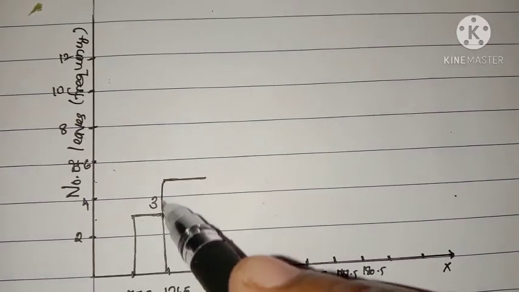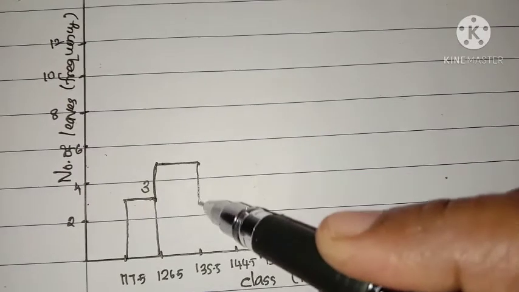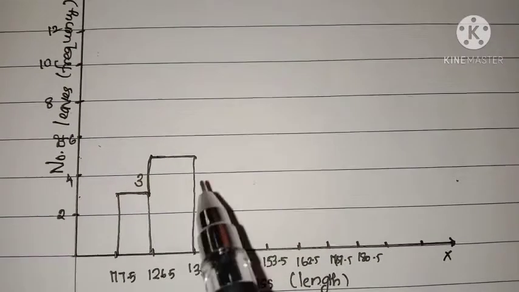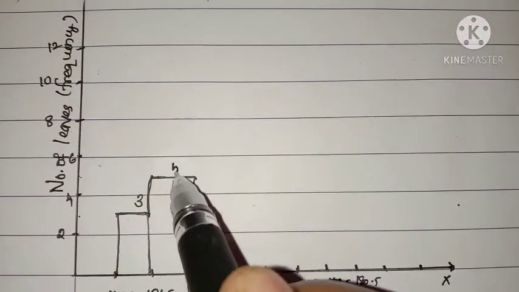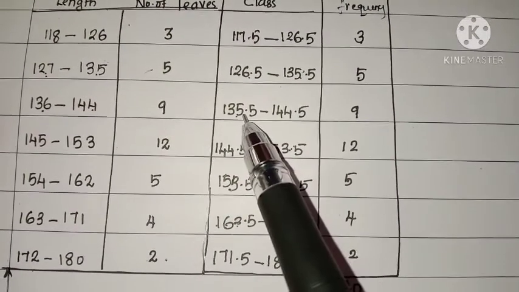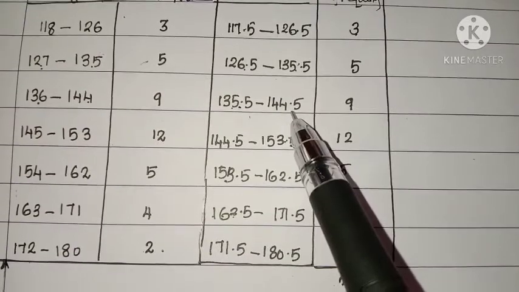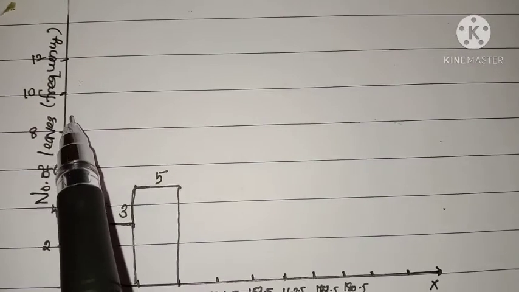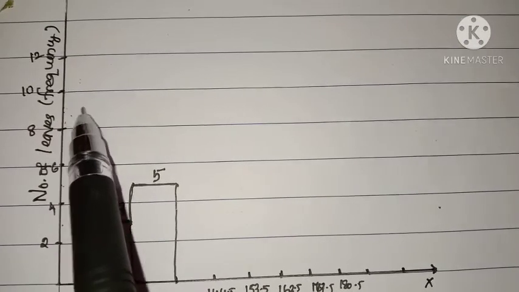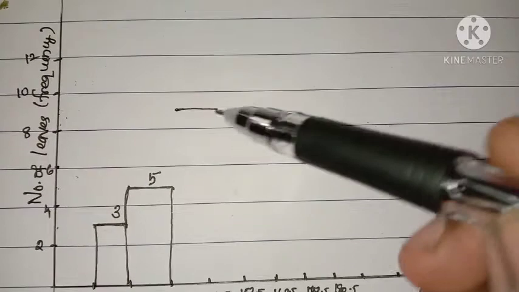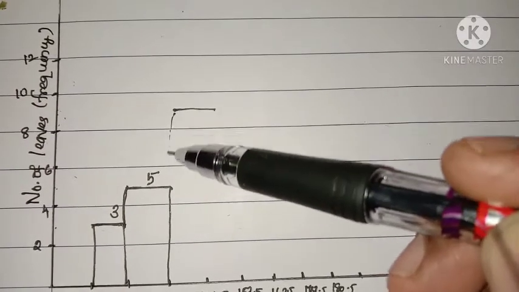Now draw the rectangle. So 126.5 to 135.5, frequency is 5. Now next class is 135.5 to 144.5. Height is 9. So 9 is the midpoint of 8 and 10. This is the height. Now join these rectangles.